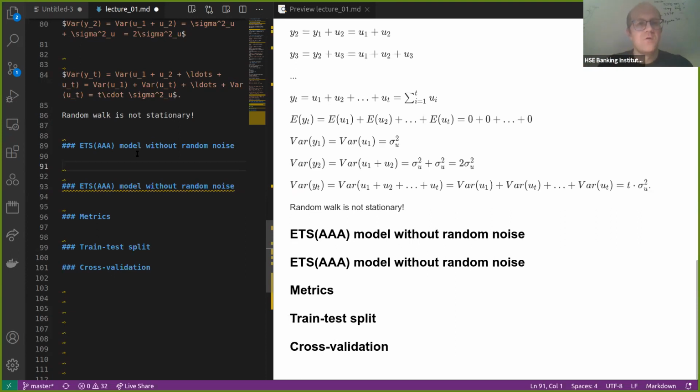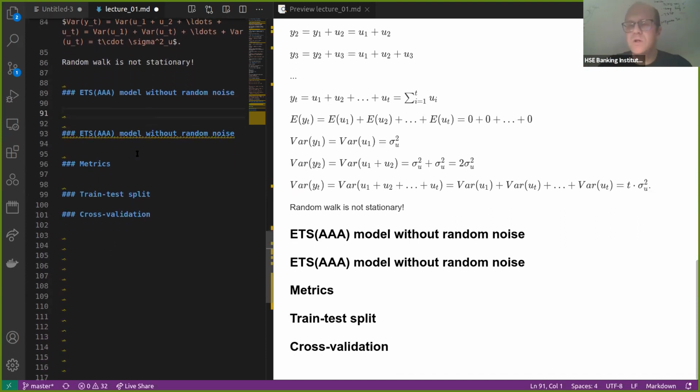Okay. First, let's consider the ETS model without noise. Yes, it contains noise, but to expose the model, I'd like to just start. Imagine that we are in a deterministic world without noise.